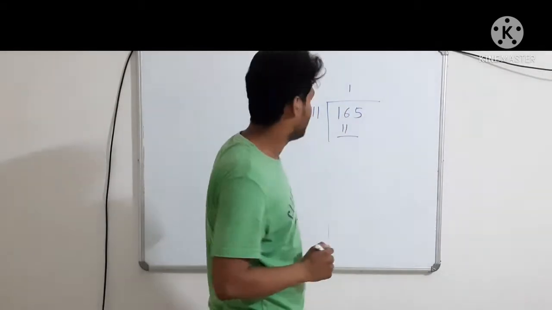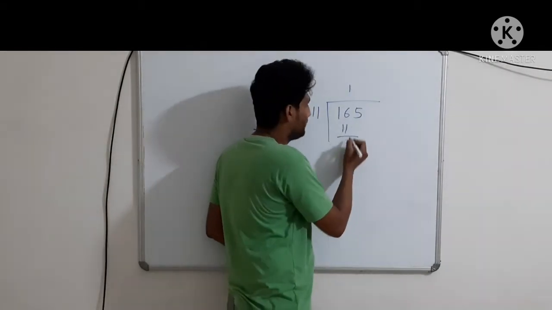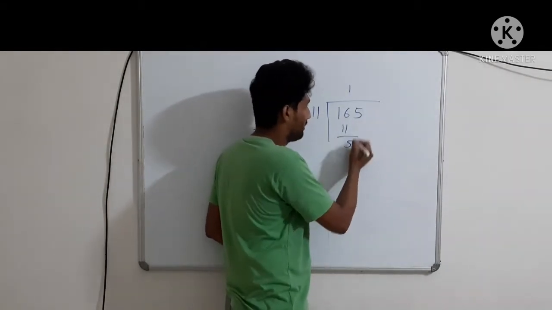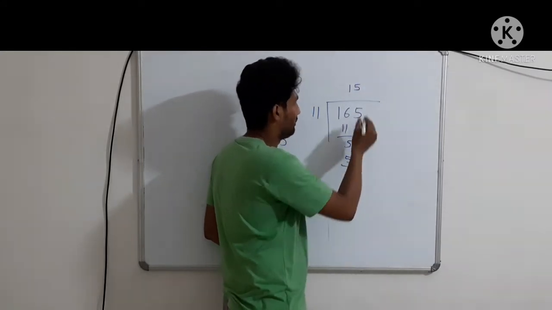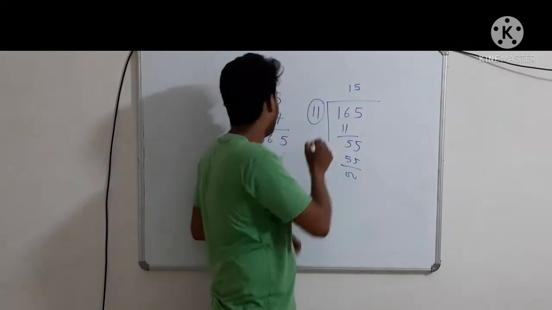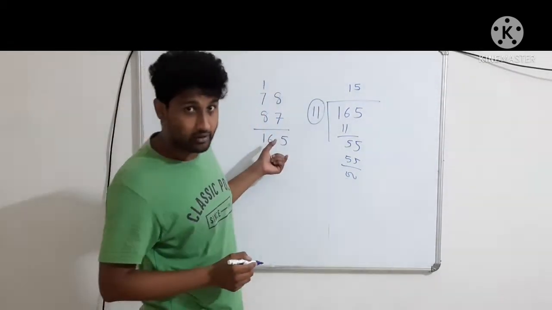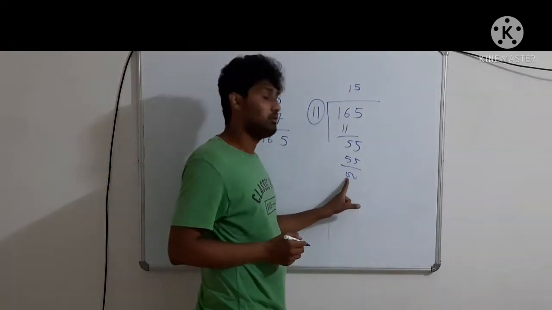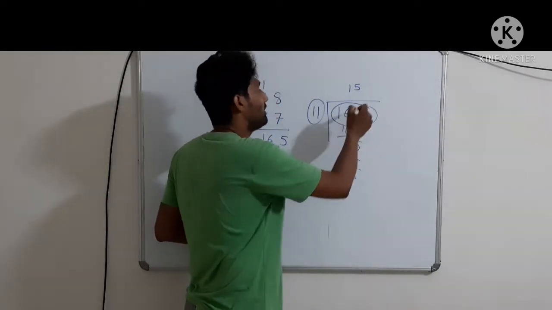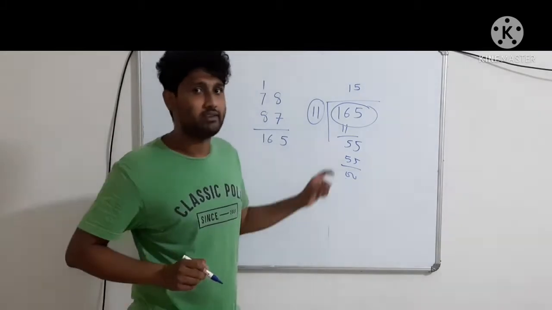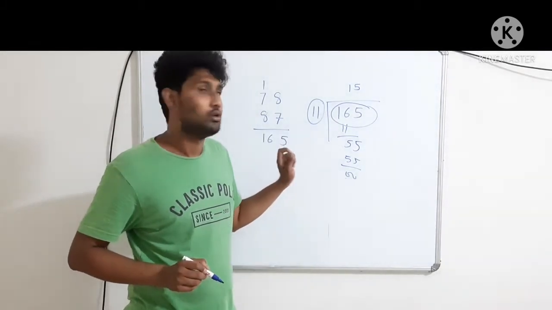What do I get? 11 ones are 11, 6 minus 1, 5. 11 5s are 55, remainder 0. Again, when I divide the sum by 11, I get remainder 0, which means this addition is completely divisible by 11.